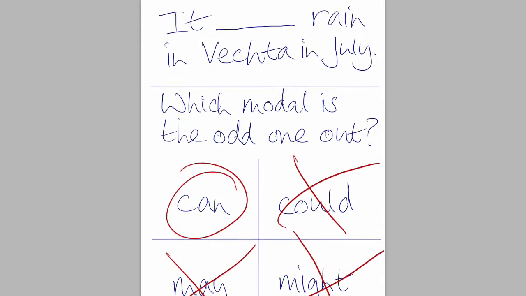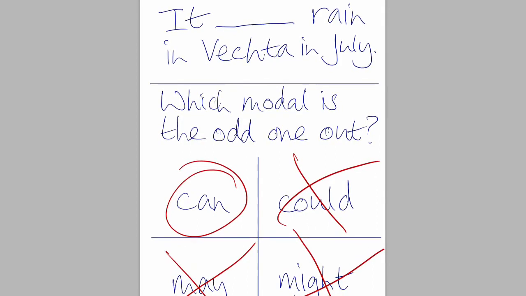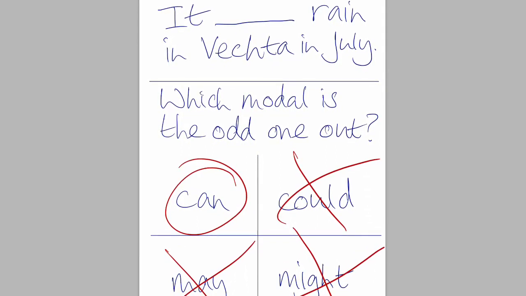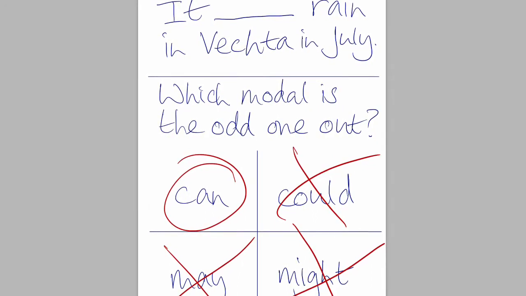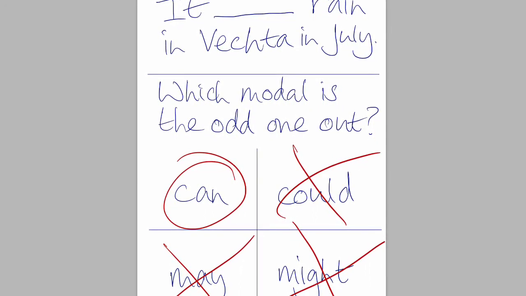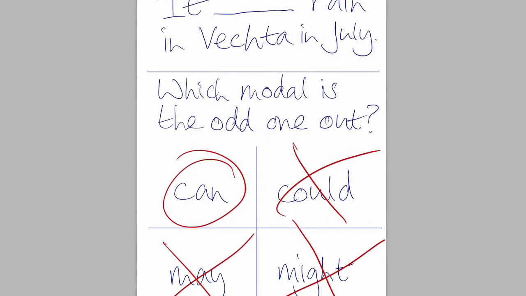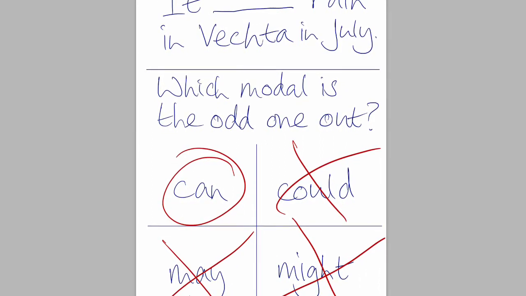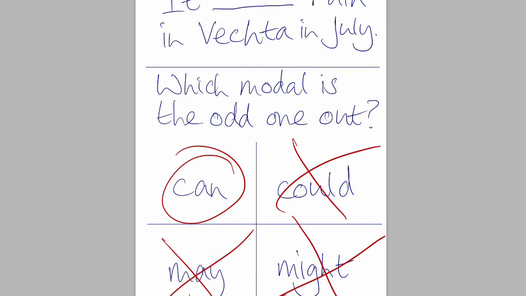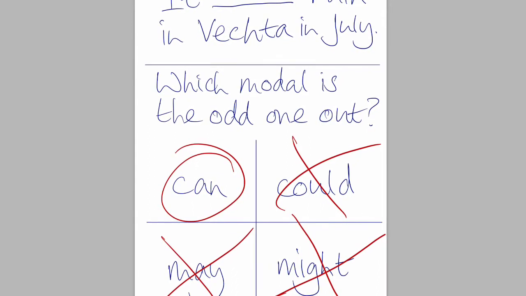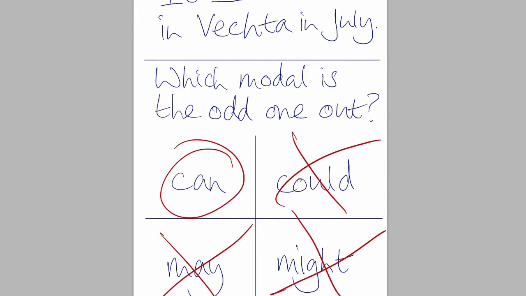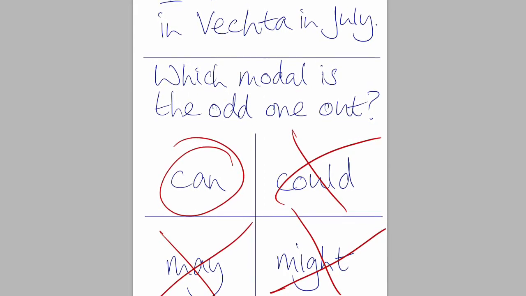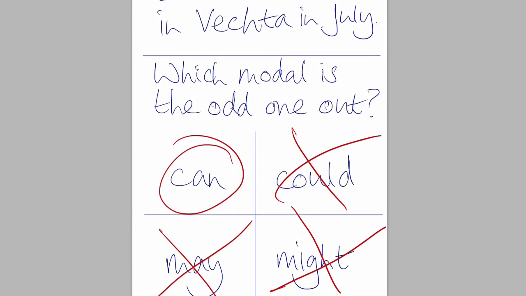The odd one out, as you can see, is can. You see, could, may, and might can all be used in this sentence for future possibility. It could rain in Fechter in July. So that's July 2020, that's next month. It may rain in Fechter in July, that's the same, and it might rain in Fechter in July.